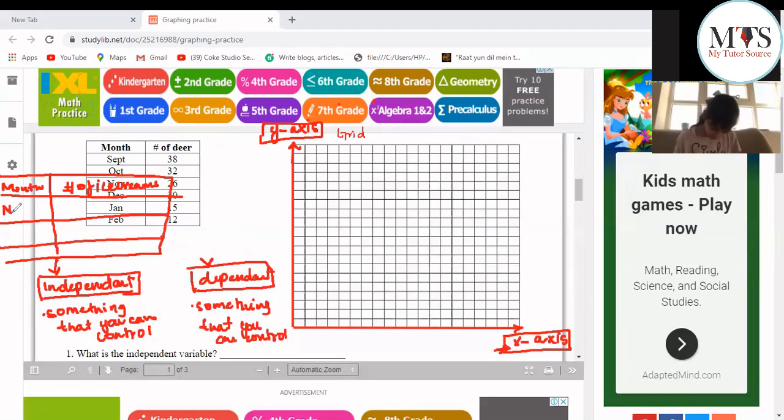So we have November here, we have December here, and we have January here. I don't have a lot of space over here since I'm not using the whiteboard at the moment, so I'm just writing the abbreviations. You have to write the full words, okay?